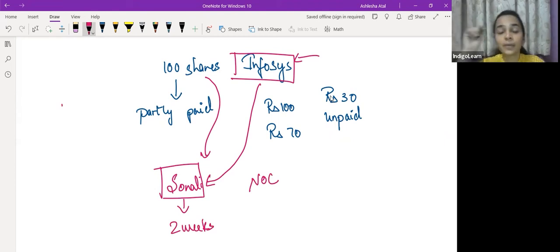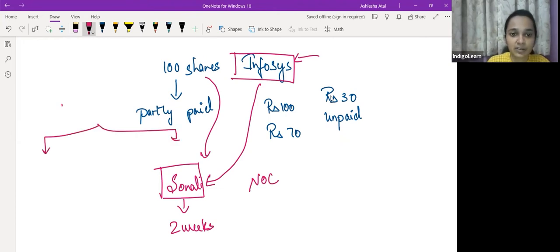Now 2 हफ्ते बाद 2 situations हो सकते हैं, 2 नहीं 3 situations हो सकते हैं. एक तो होगा transferee would accept that yes the transfer is valid and I am a party to this transfer and I have no problem, I'll pay the amount. Second चीज हो सकता है the transferee would decline, नहीं बोल देगी कि नहीं ये transfer valid नहीं. थर्ड चीज क्या हो सकता है?